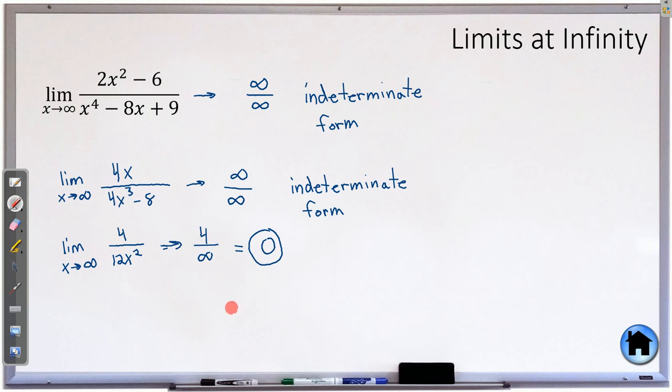So it's a fairly easy technique algebraically to do, and so that's why it's important for us to know. Just take the derivatives, but make sure you only start taking derivatives when you have determined there is an indeterminate form.